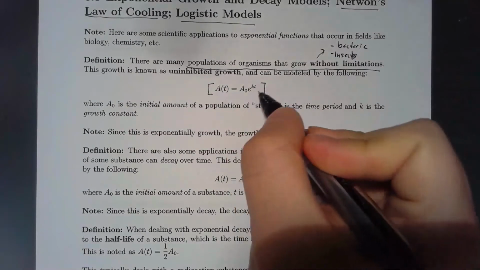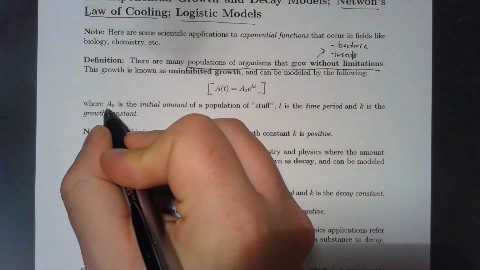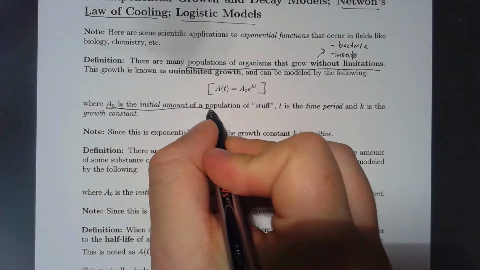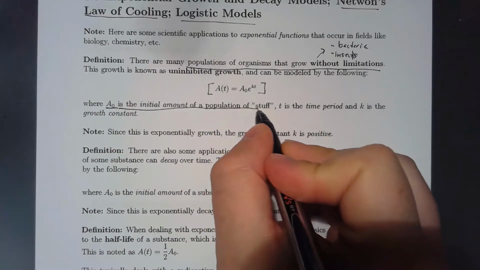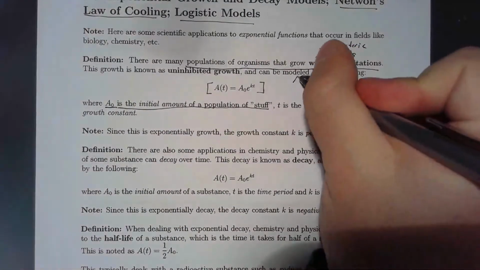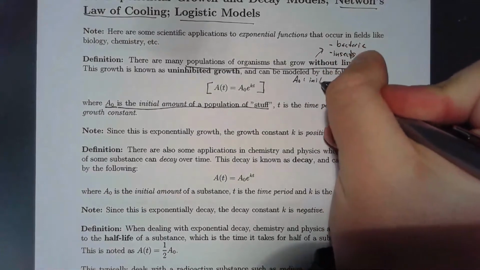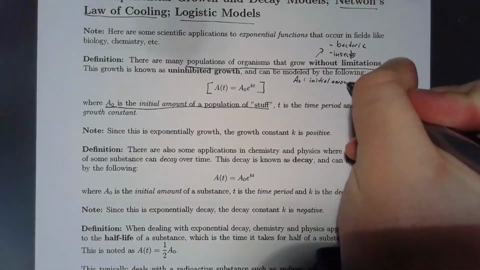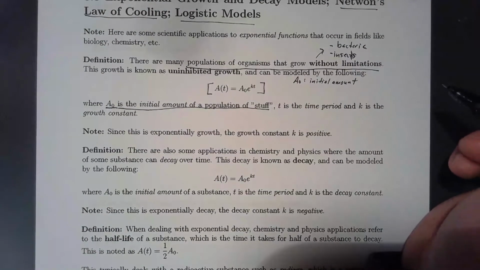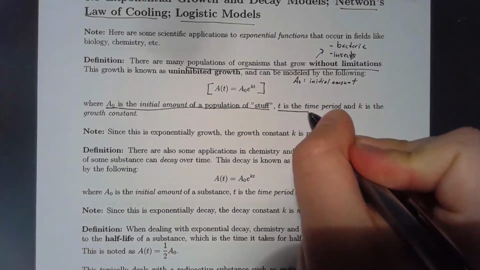Now, what these variables represent: A sub 0, that's a subscript of 0, is the initial amount of the population, the initial amount of bacteria, the initial amount of insects, whatever. T is the time period.